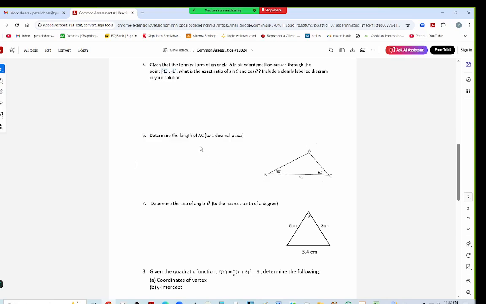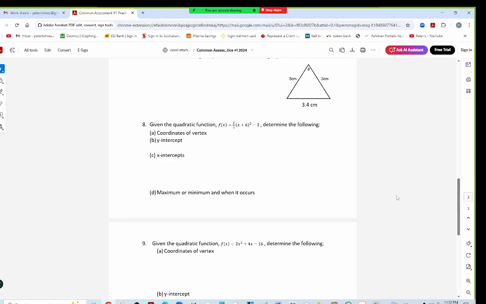This here is going to be the sine law because it goes angle, side, angle. This here is going to be the cosine law because it's 3 sides. This here is going to be, well, the coordinates of the vertex are right in there because you have vertex format. Y-intercept will be when x is 0. So when x is 0, it's pretty easy to figure out.